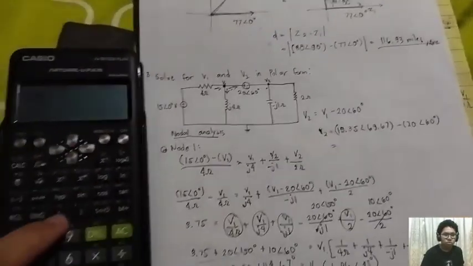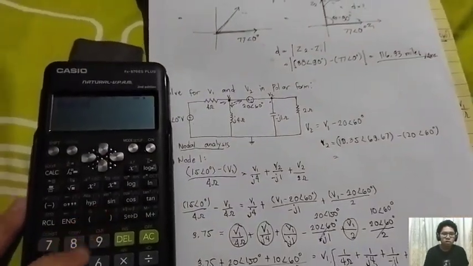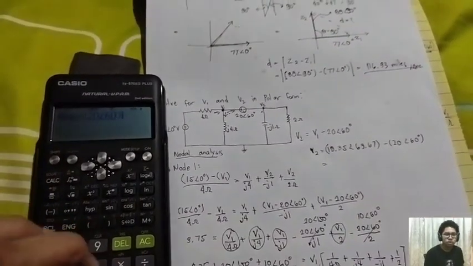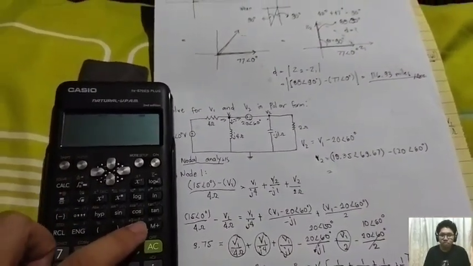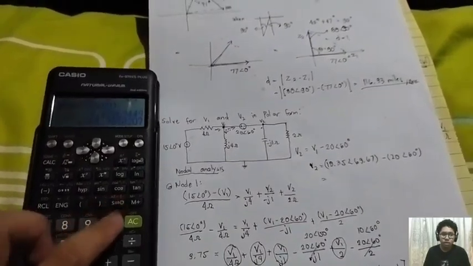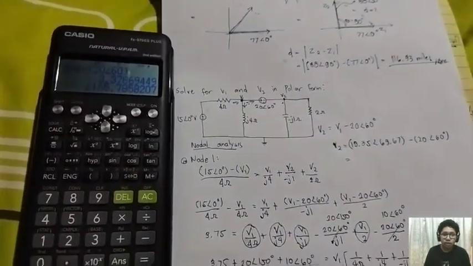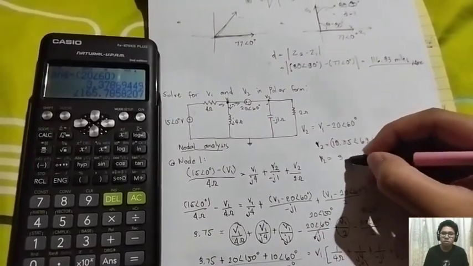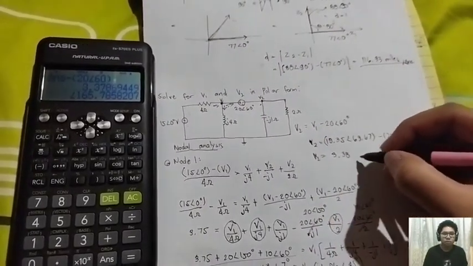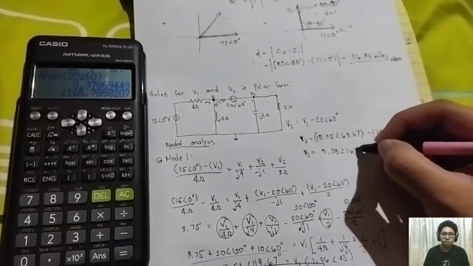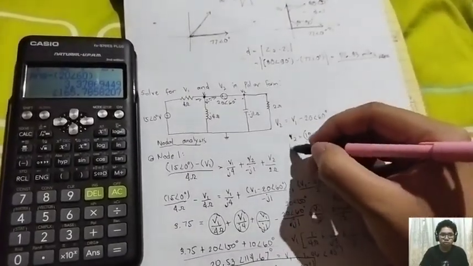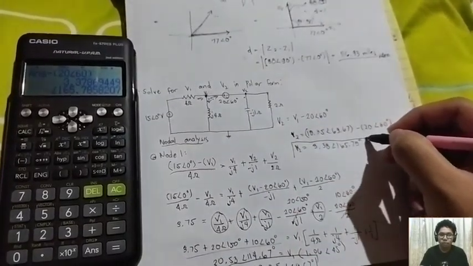So the value of V2 is equal to 3.38 with an angle of 165.79 degrees, and the unit is volts.